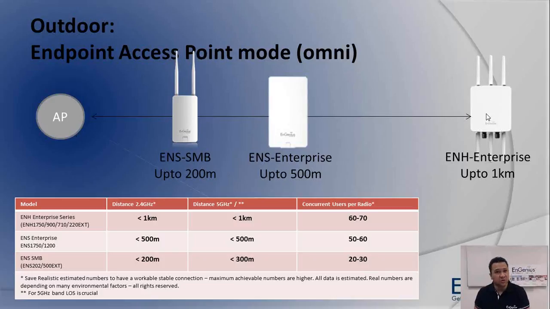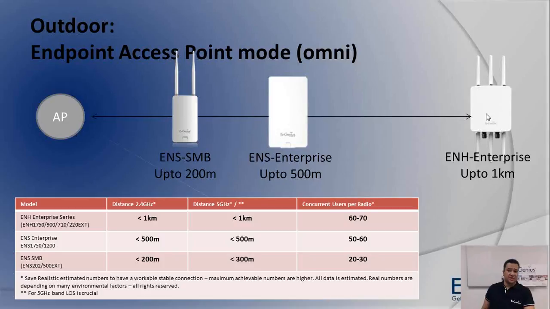Most of them are dual radio, but one model, the 220, is single radio, and the 900 and the 1750 come with 11AC support, and you can choose between 2T2R and 3T3R stream models for the 1750.